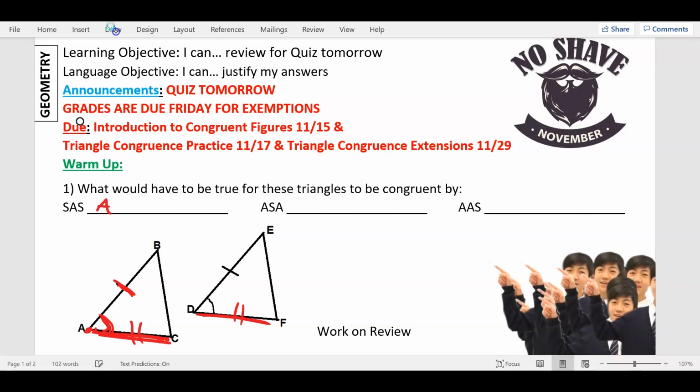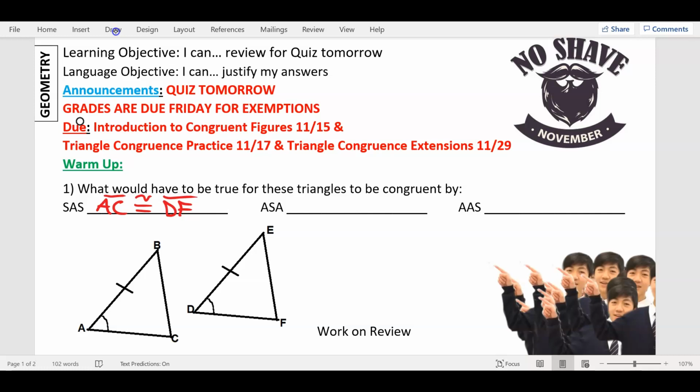So segment AC, go ahead and put a little segment on top of it, has to be congruent. Now, if y'all don't remember the congruent symbol, it's like an equal sign with a squiggle on top. AC is congruent to the other side, which is what? DF with the segment on top. Okay? Now, you don't need all those markings, but that's what would have to be true to make it SAS.